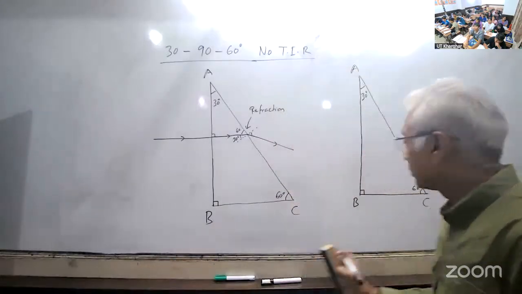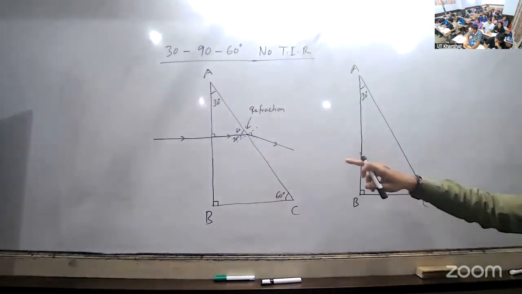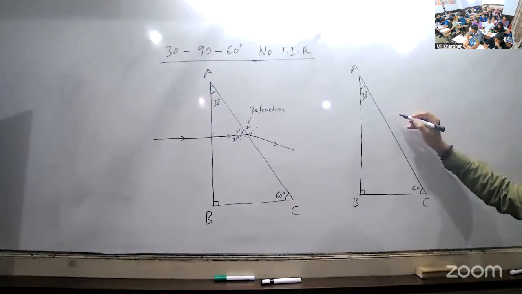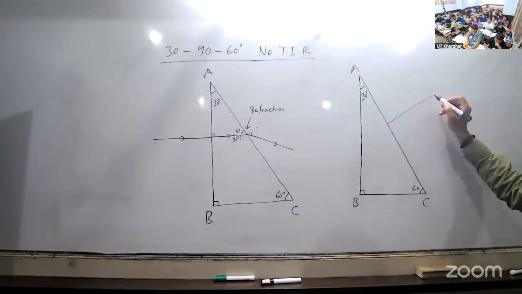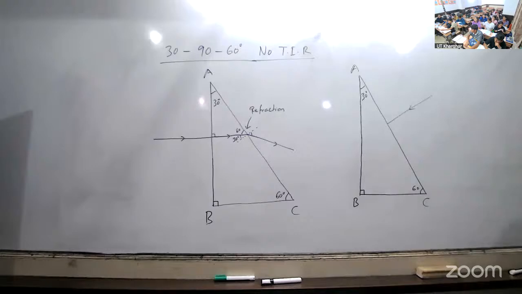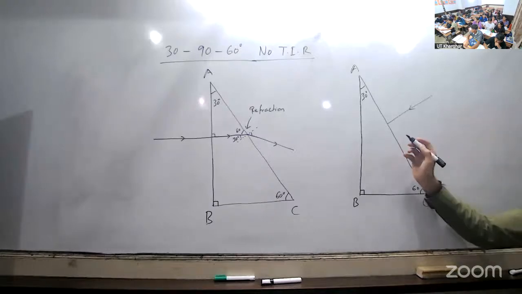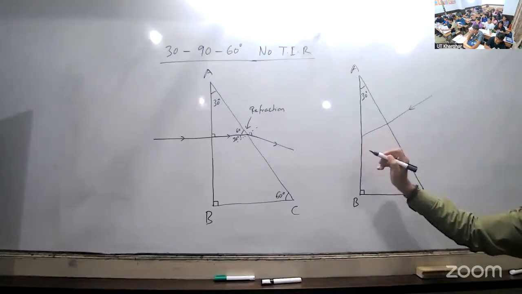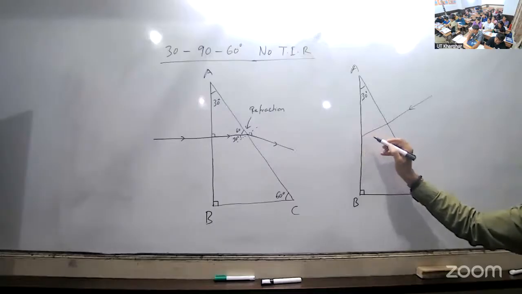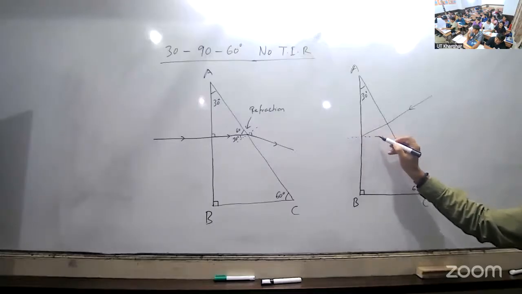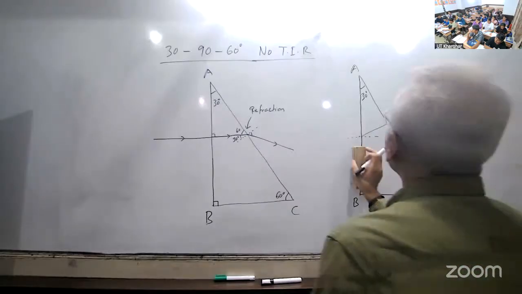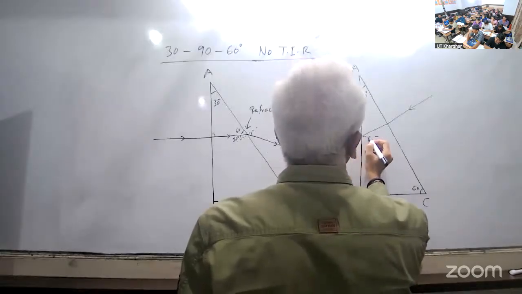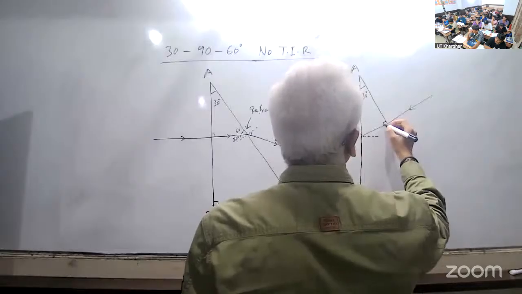So there are two cases for no TIR. One is incident on face AB, the other one is incident on face AC, which is the hypotenuse. Again, the incident ray is along the normal. So it will proceed forward. What is the angle of incidence here? So this must be 90.